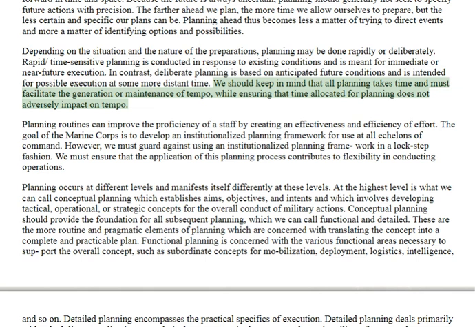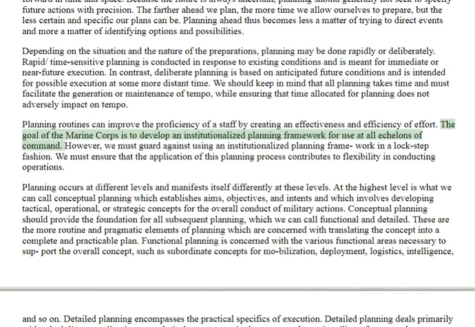We should keep in mind that all planning takes time and must facilitate the generation or maintenance of tempo, while ensuring that time allocated for planning does not adversely impact on tempo. Planning routines can improve the proficiency of a staff by creating effectiveness and efficiency of effort.